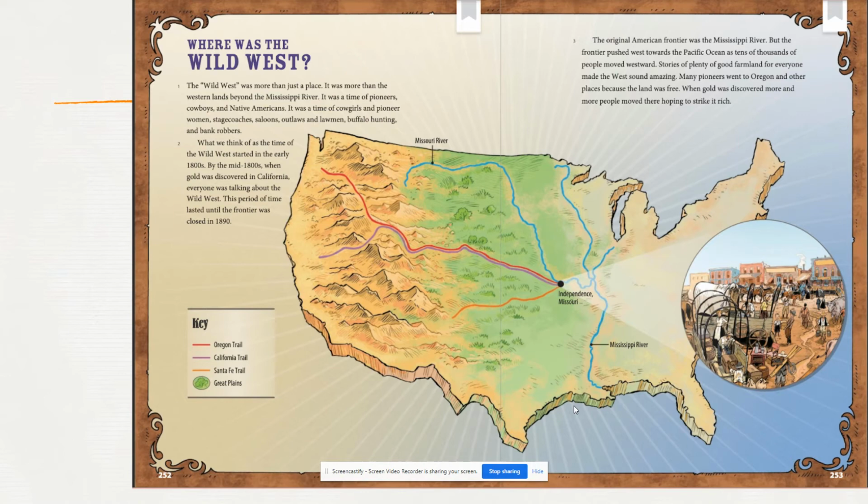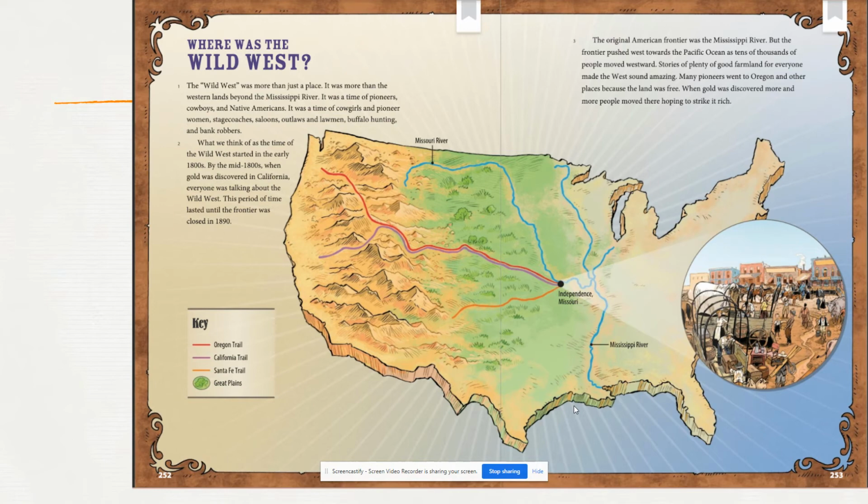What we think of as a time of the Wild West started in the early 1800s. By the mid 1800s, when gold was discovered in California, everyone was talking about the Wild West. This period of time lasted until the frontier was closed in 1890.